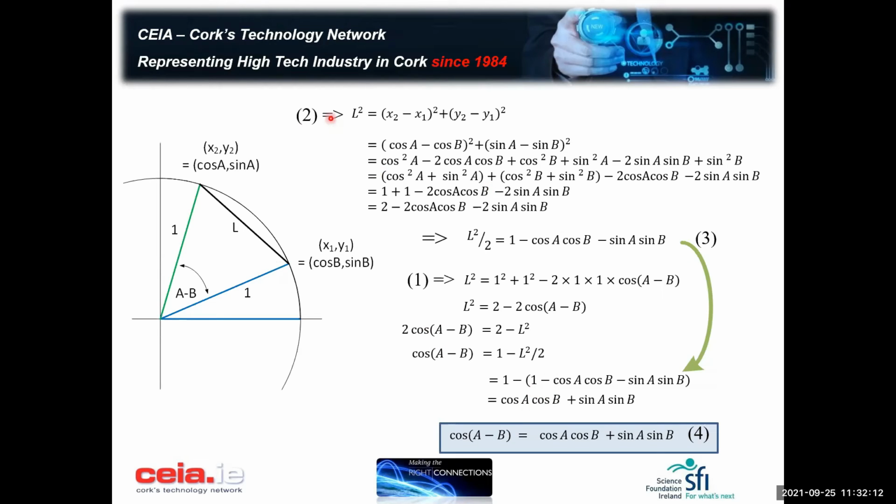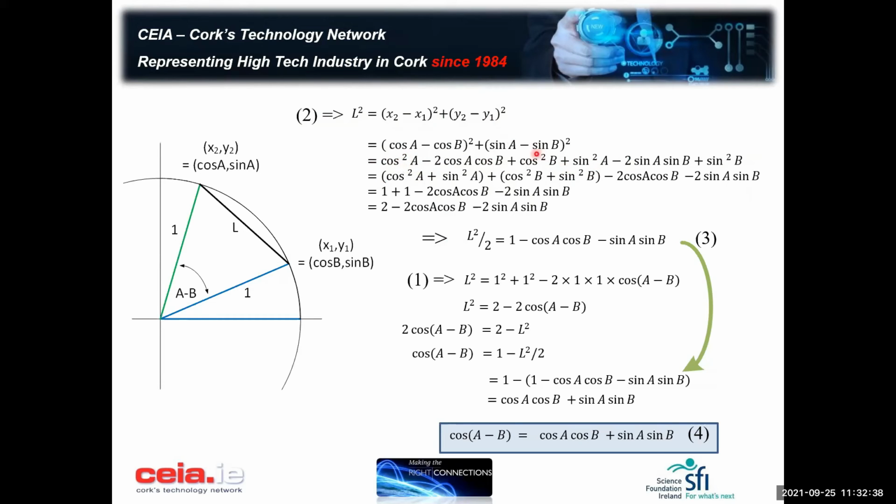And let's take the second formula first. This is the Pythagoras formula for the line segment length. We get the cos minus cos squared and the sine minus sine squared. We just need to multiply them out. And then a common trick in trigonometry is to look for a cosine squared plus a sine squared of the same angle, because we know that cosine squared plus sine squared add up to 1.